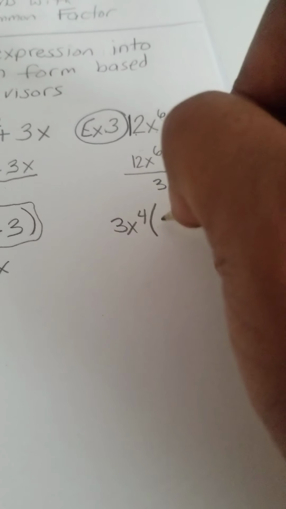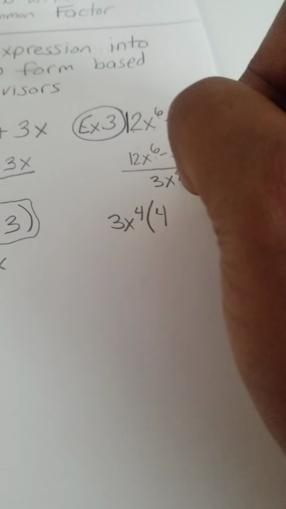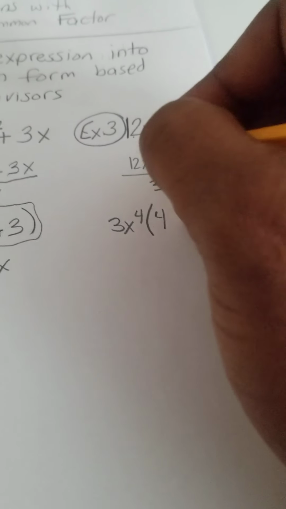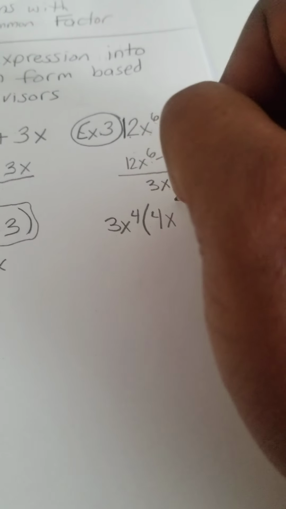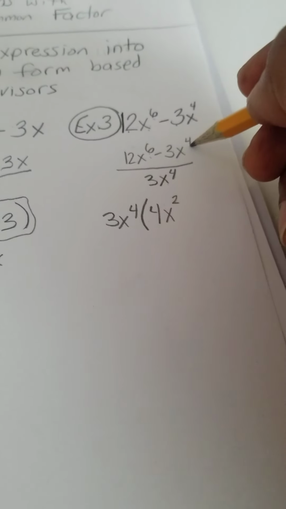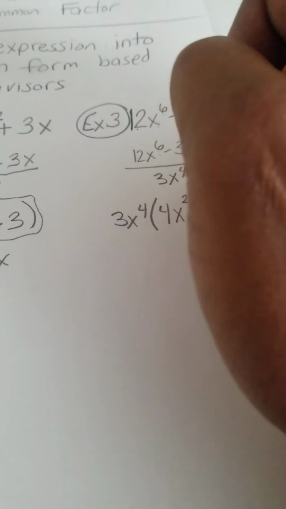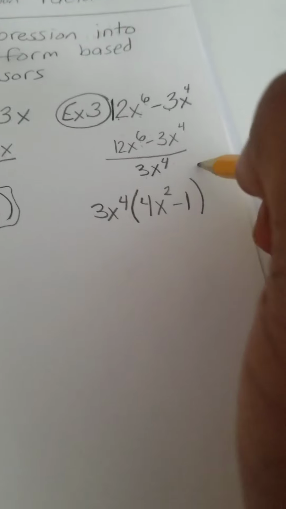Well, 12 divided by 3 is 4. x to the sixth divided by x to the fourth, got to subtract exponents. 6 minus 4 means x to the second power. And then negative 3x to the fourth power divided by 3x to the fourth power is negative 1. There's my factored form.